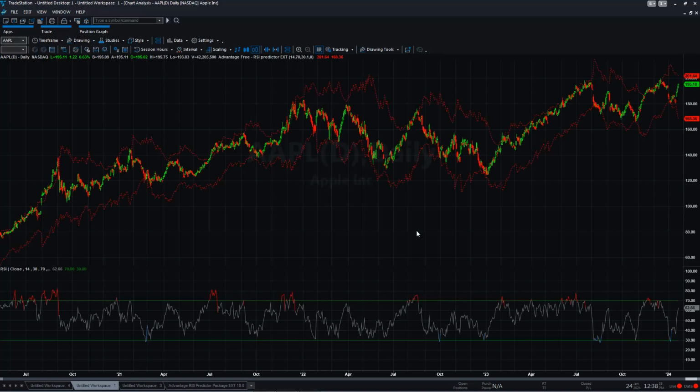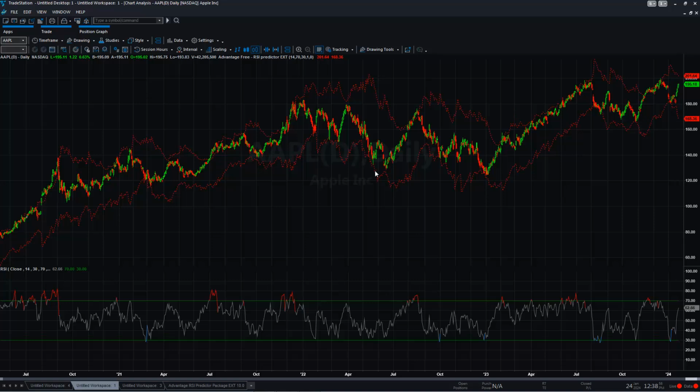It lets you use RSI in a different way, offering a more dynamic approach. It's not just about reacting to RSI values, but anticipating them in order to calculate support and resistance.